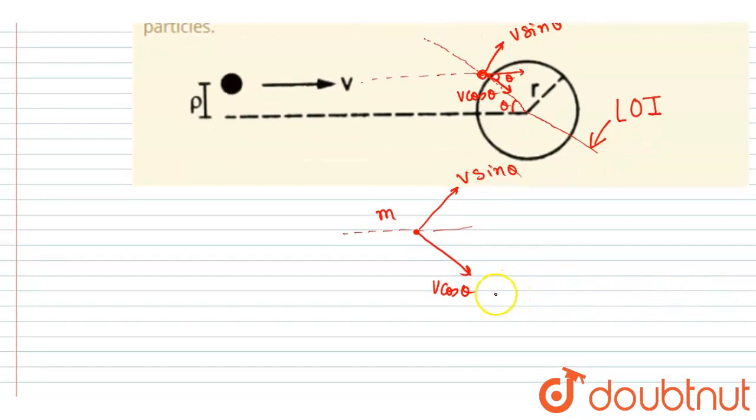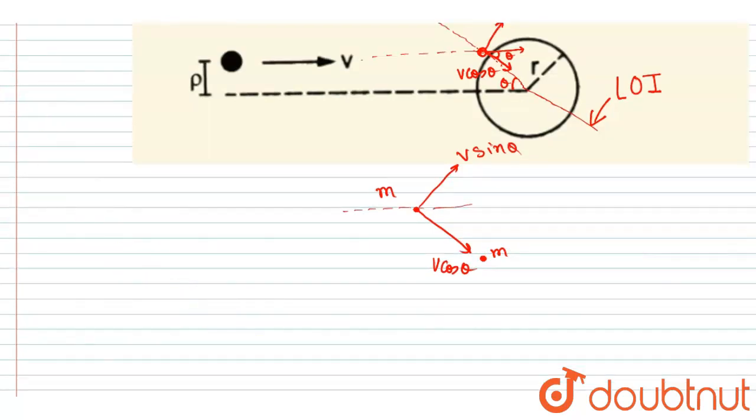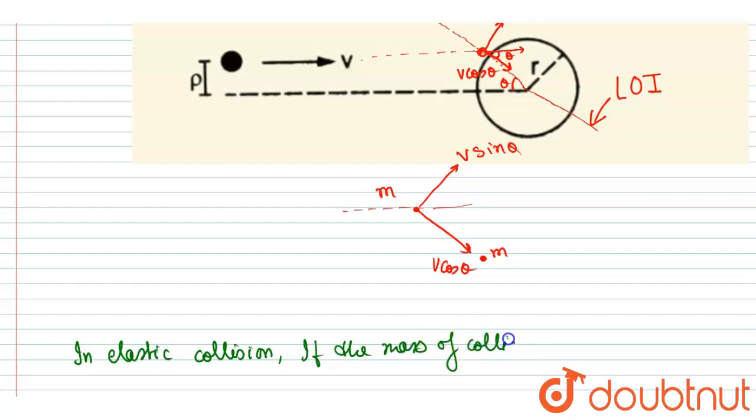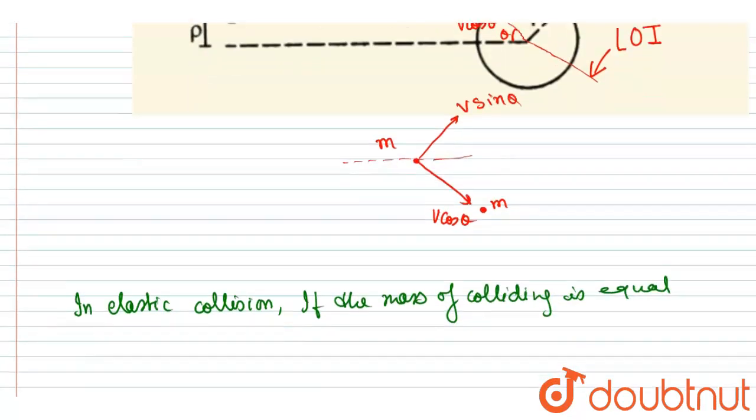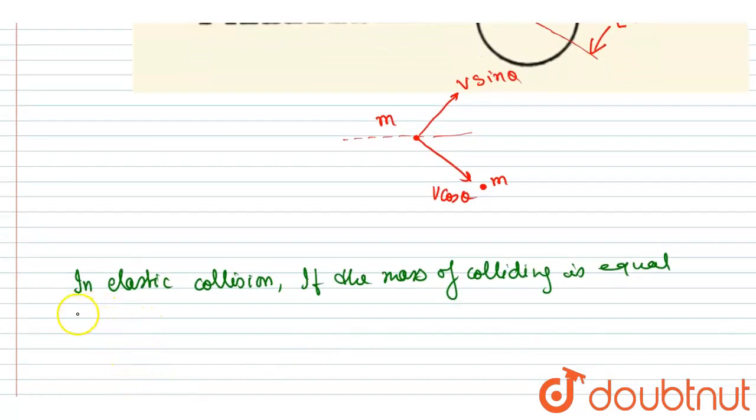So now this is a small particle, and it is colliding with a sphere of the same mass, right? The mass of the sphere is m only. So we know that in an elastic collision, if the masses of the colliding bodies are equal, then their velocities will get exchanged after the collision, right?